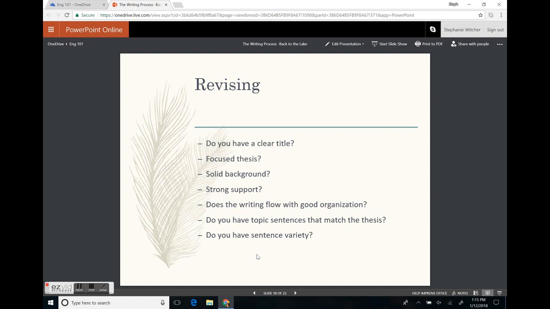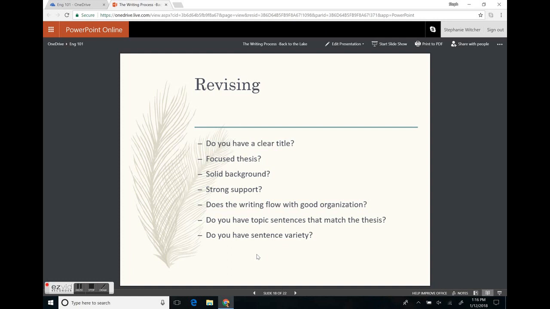Some other things to consider. Do you have a clear title? Do you have a focused thesis? Do you have very solid background you give us in the introduction so we understand? Have you given us excellent, specific, strong support? And maybe that includes research. Does the writing flow? So does it make sense? Do our eyes and brains understand how you're moving from point to point?